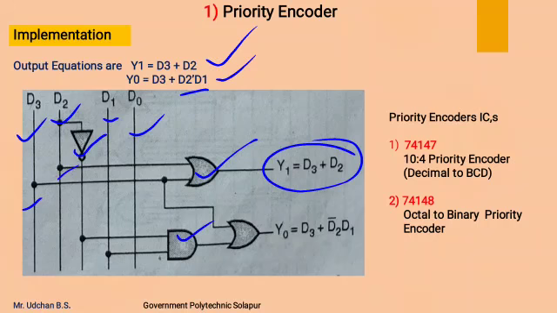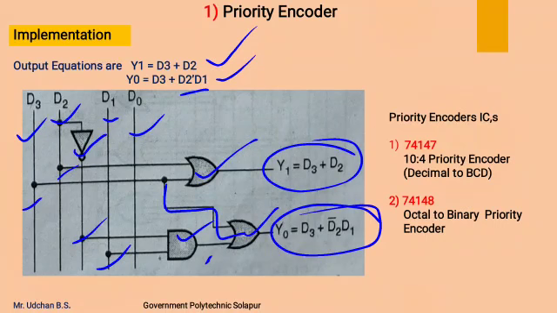This AND gate is connected to the D2 bar line and D1 line, which will give the D2 bar D1 term, and that term is ORed with D3. So the D3 line is connected to the OR gate to produce the Y0 output as D3 plus D2 bar D1. This is how we can design a priority encoder which converts a 4-line input into a 2-line output.